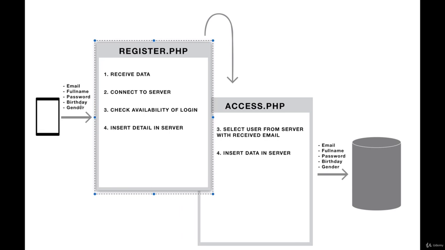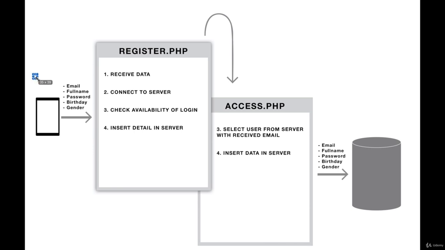If it is available, then it will insert the details of the user to the server. And access.php will be in charge of sending and receiving requests from the server. So this is how the logic works.